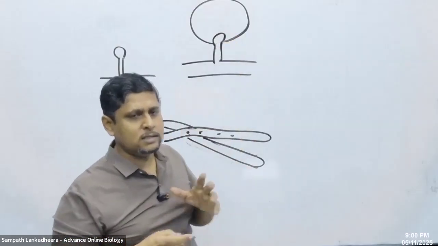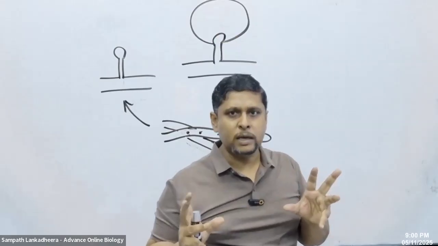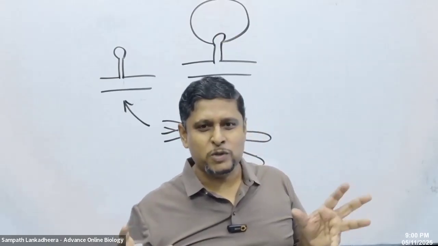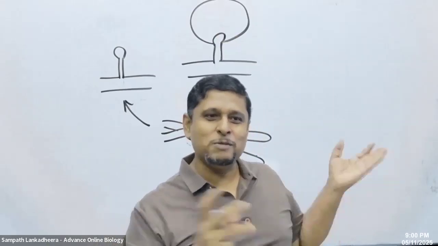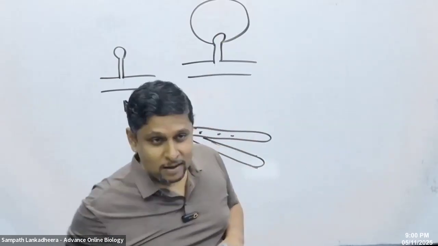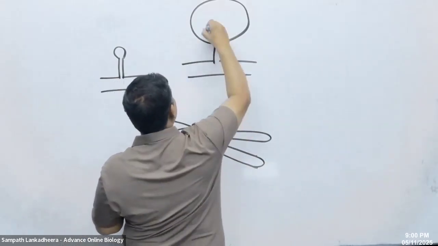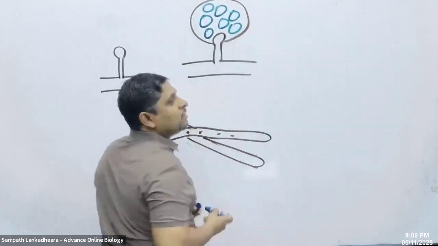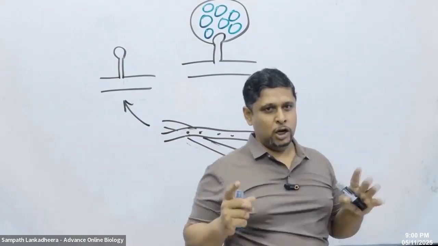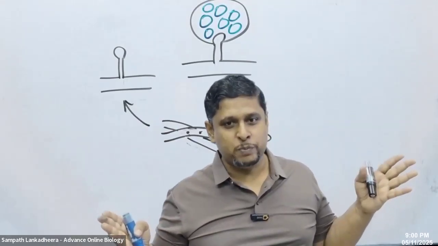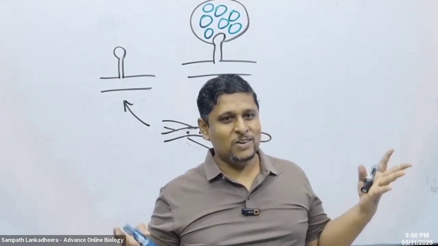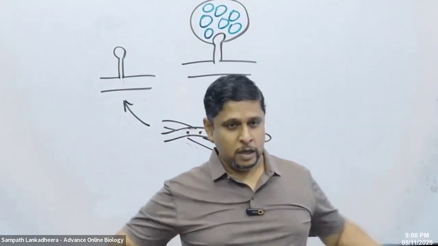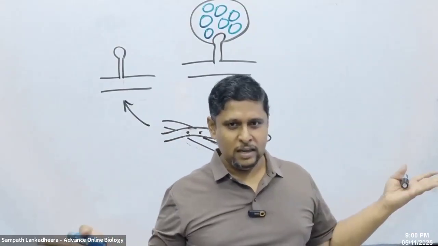Now, the important thing is the endospore and exospore story. Students, the spores formed here are formed within this structure. So what do you call those spores, endospores or exospores? Produced inside or outside?